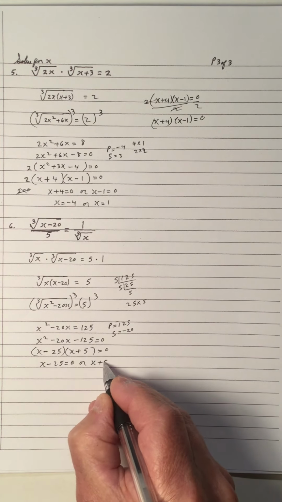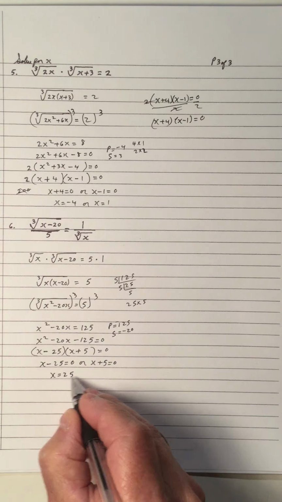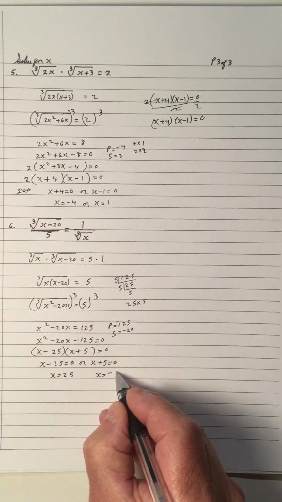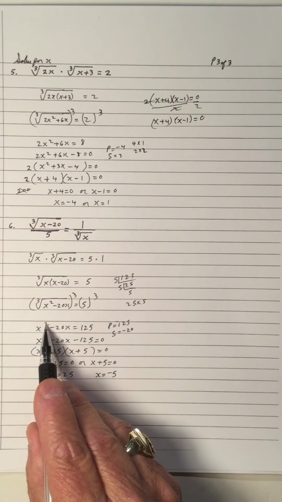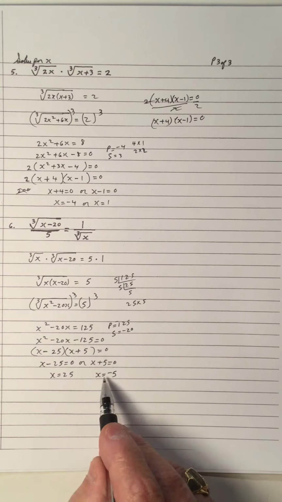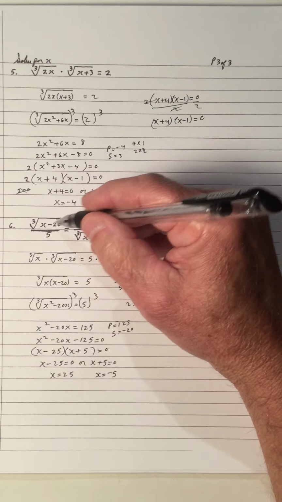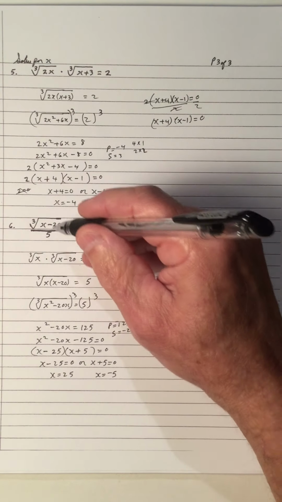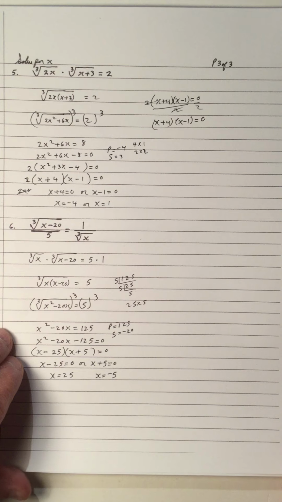X plus 5 equals 0. X equals 25. X equals negative 5. Again, notice we have a quadratic, x squared, so we have two answers. So you sub 25 back in here and work it out, or if you sub negative 5 in the place of x, both of them will be true.